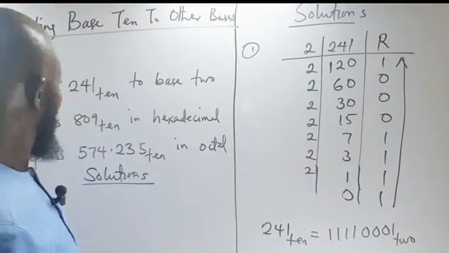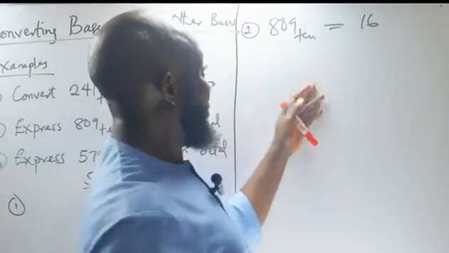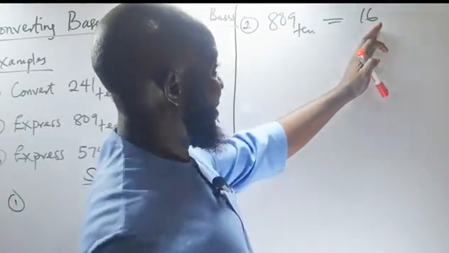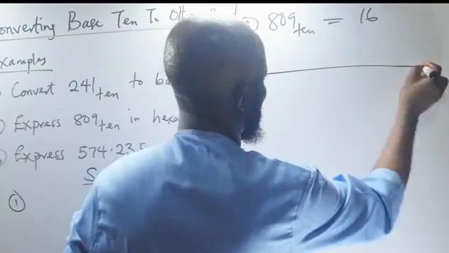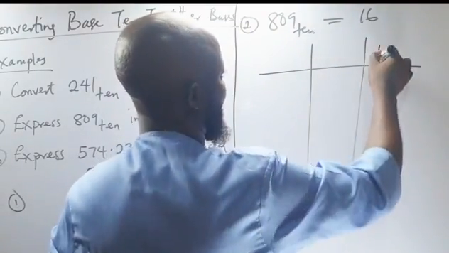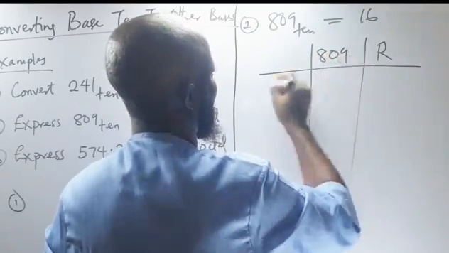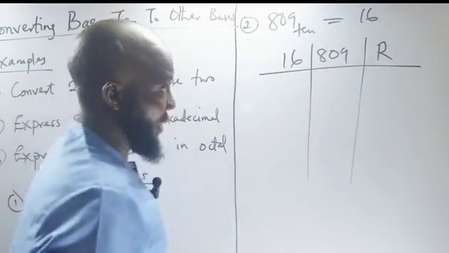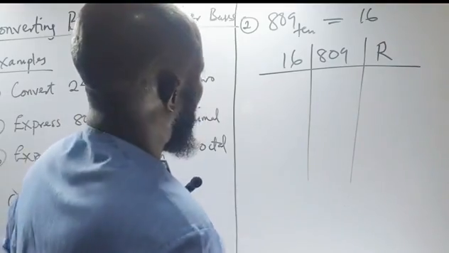All right, look at the second example. We are converting base 10 to base 16, hexadecimal. It is the same thing: we have the remainder column here, we have 809, and we put our divisor, 16, here.